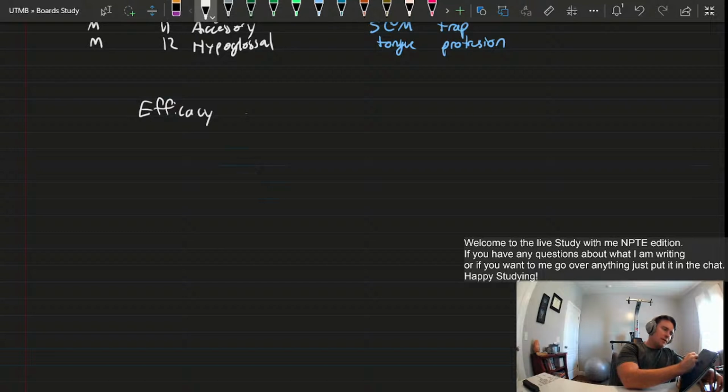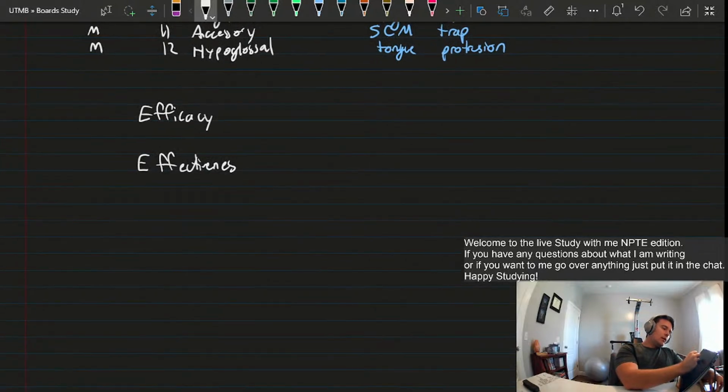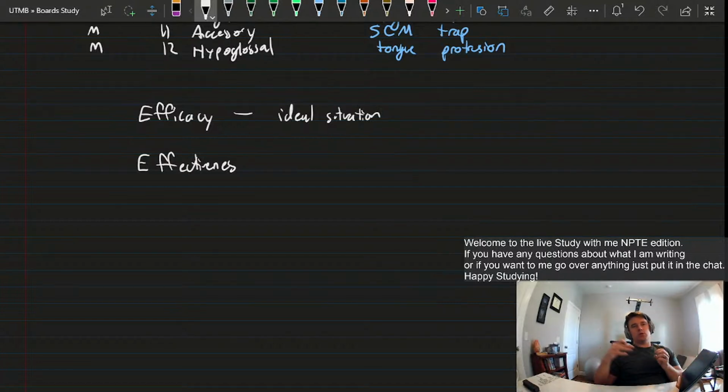Efficacy versus effectiveness. So that was something that was taught in the evidence-based practice class, which if it was similar to our program, it was like semester 1 or semester 2, so I really don't remember all that. So efficacy is ideal situations. Efficacy is smaller, so you're only going to use it in a smaller setting. So it only works for this specific clientele, this specific company, this specific gym.